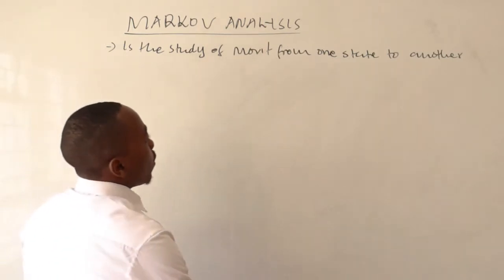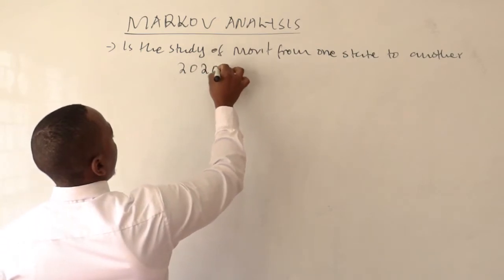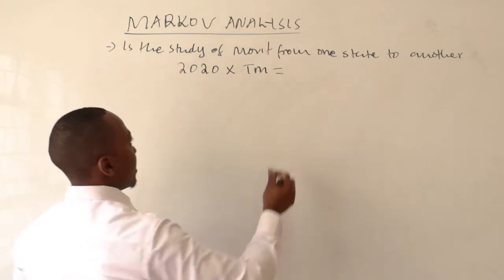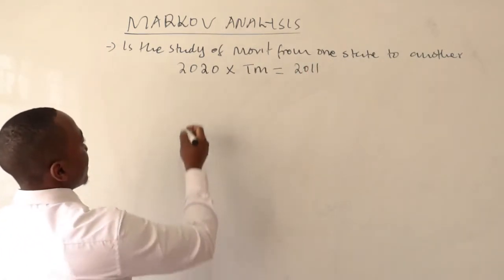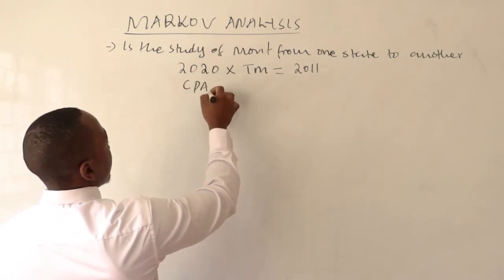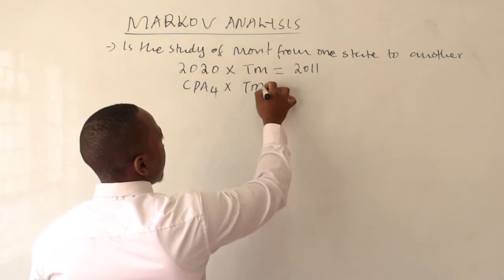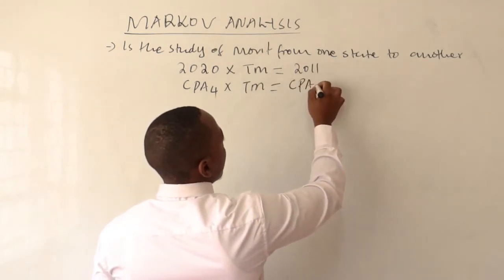So, for example, we can say that it has a general format of 2020. You multiply by the transition matrix, you go to another state, that's 2011. Or we can say that a CPA section 4 student times the transition matrix, which is KCE exams, you go to CPA section 5.